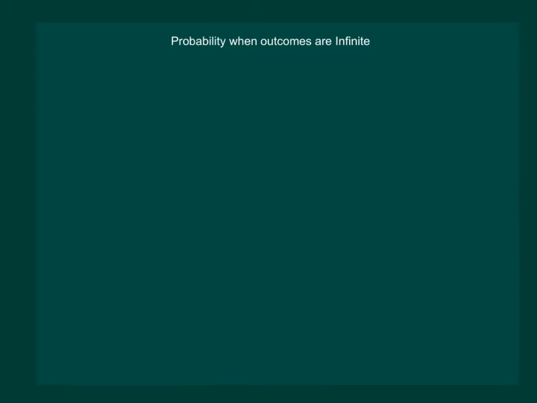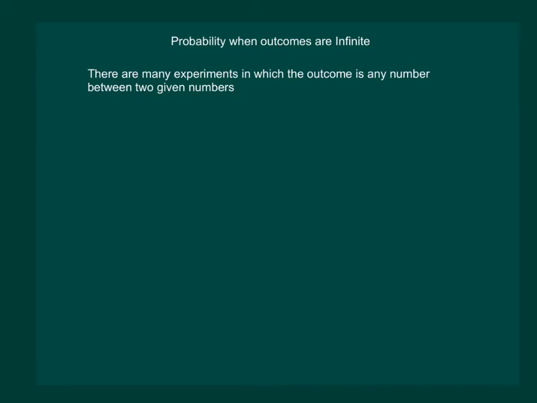Till now we have been doing examples where the number of possible outcomes in each experiment was finite. There are many experiments in which the outcome is any number between two given numbers, or in which the outcome is every point within a circle or a rectangle.